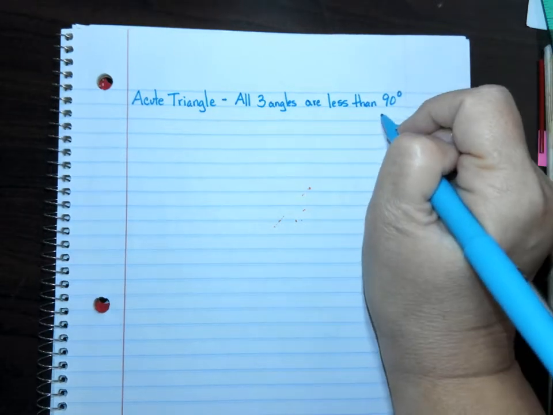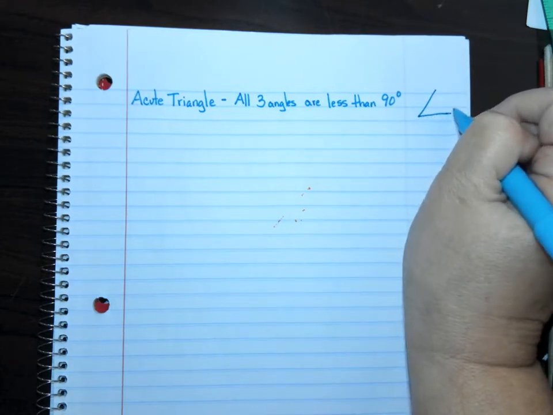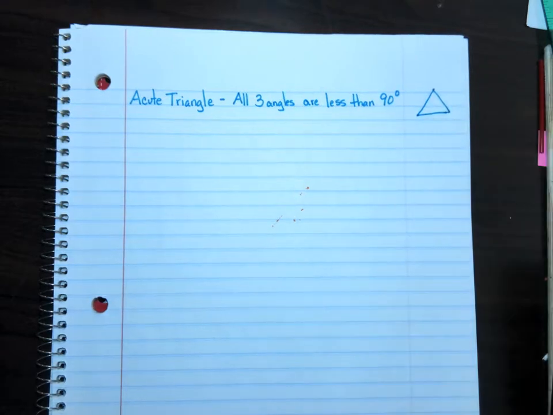And so one example of how an acute triangle might look would be one like that.